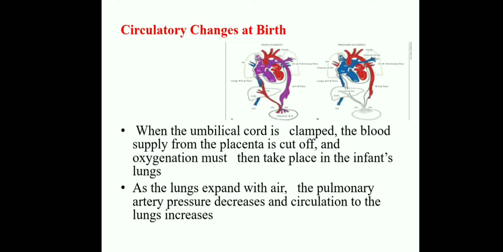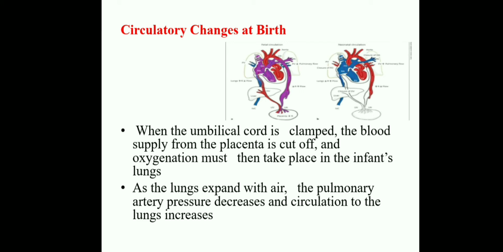Okay, next one is circulatory changes at birth. Some circulatory changes happen during birth, immediately after. In the fetal circulation, it is not the normal heart circulation. Fetal circulation is different.